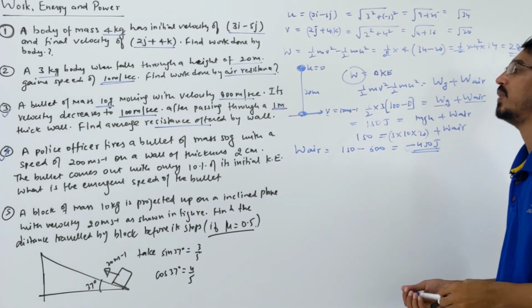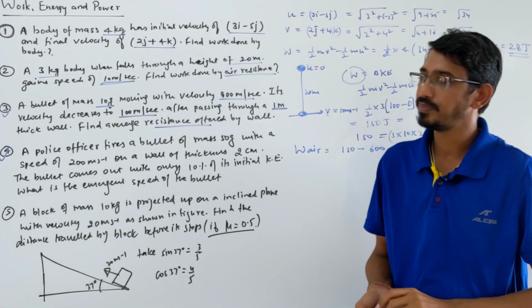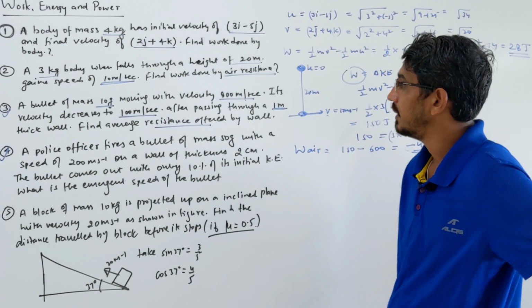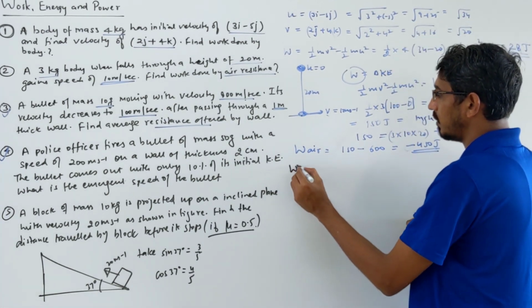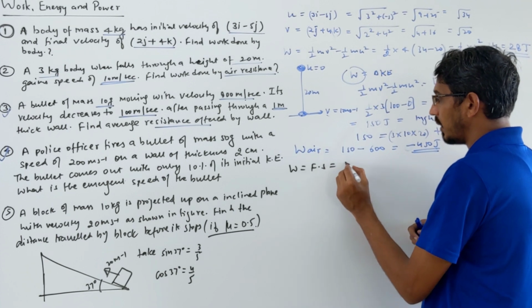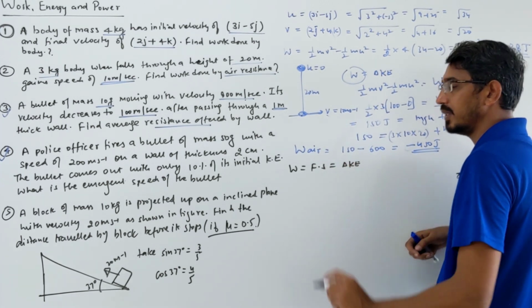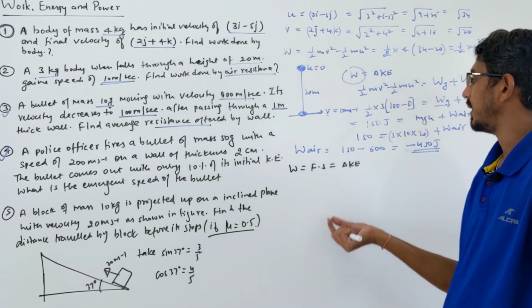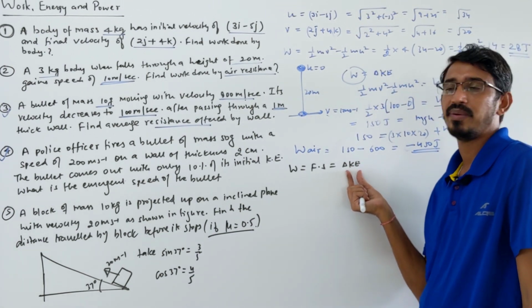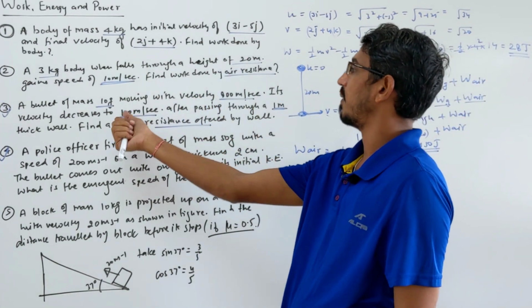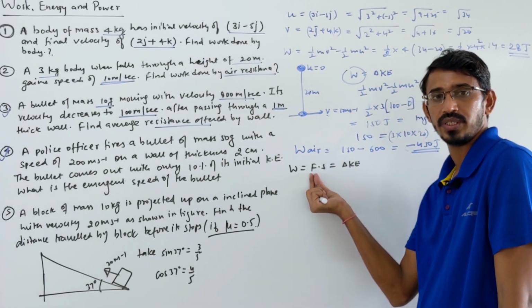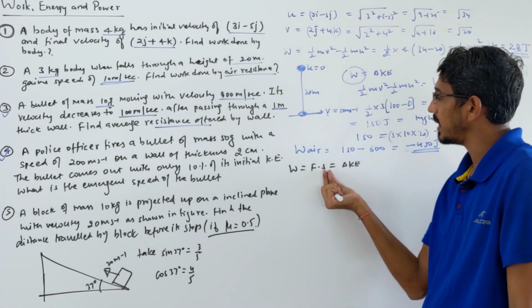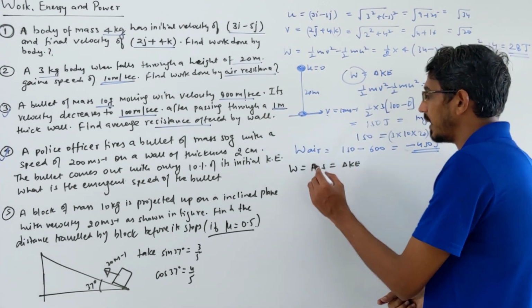The bullet is moving, the initial and final speeds are given, and they are asking us to find the resistance offered by the wall. We know the work done formula: work done is equal to F dot S, which is also equal to the change in kinetic energy. Here we can calculate the change in kinetic energy because the mass, initial velocity and final velocity are given. The force they are asking for is the resistance force offered by the wall, and the displacement is already given. So directly we can write this relation.